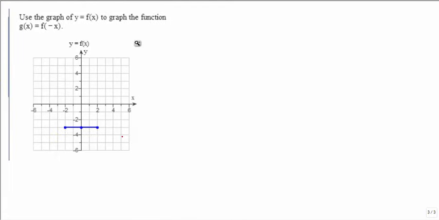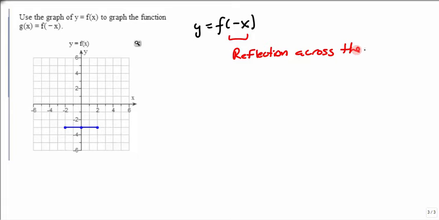This is this horizontal line, this constant function down here, and so I have y equals f of negative x. Okay, so it's within the argument, so I know it's going to be horizontal. The negative always means reflection, so this will be a reflection across the y-axis.